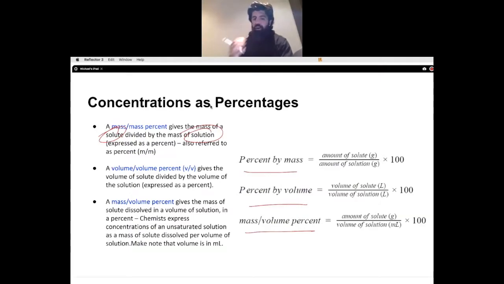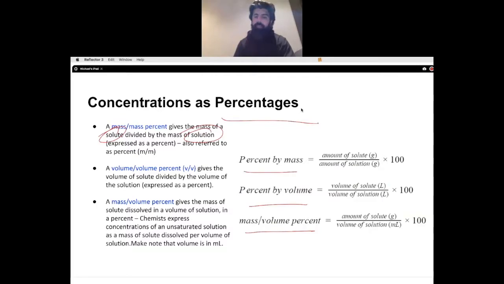So these are the three concentrations that deal with percentages. You'll notice in questions that it will actually ask you for the percent of the concentration, and not to mistake this equation with what we're going to do at the tail end of 9.3.